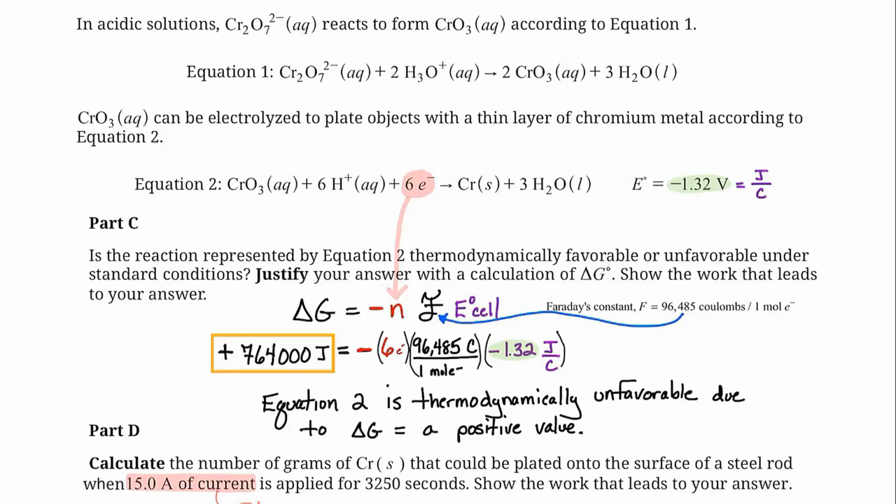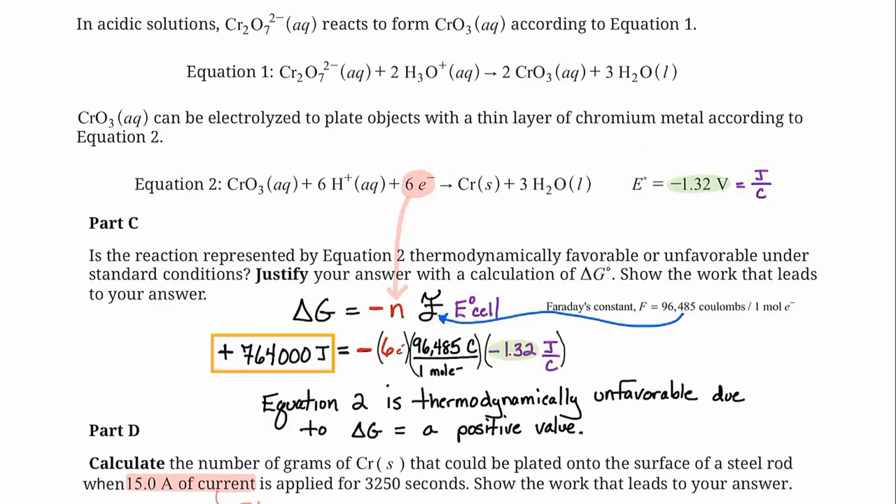In any case, not absolutely necessary there, but the whole point here is to justify your answer. Is this thermodynamically favorable? Hey, it's got a positive value. Don't forget, this negative times a negative gives me a positive value for delta G, which means free energy is going into a reaction. And when free energy is going into a reaction, we're giving it the energy to make it happen.